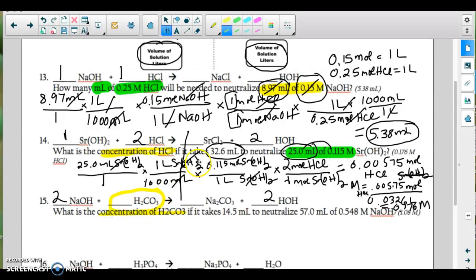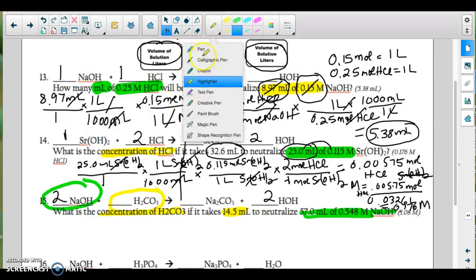So they really want to know molarity. It takes 14.5 milliliters of this carbonic acid to neutralize 57.0 milliliters of the sodium hydroxide.